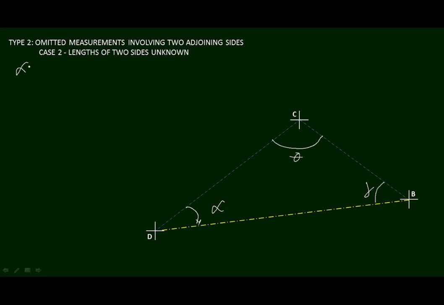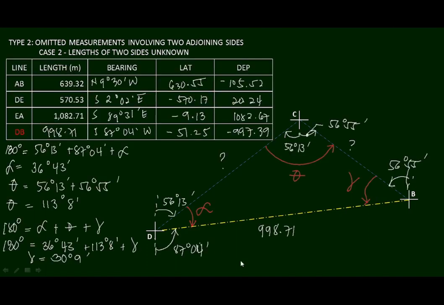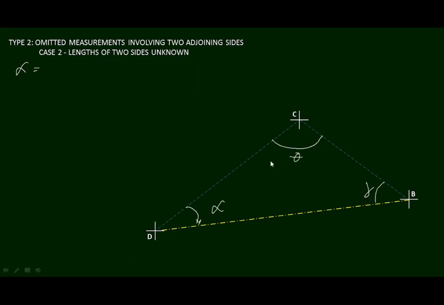So, we have solved that my alpha is equal to 36 degrees, 43 minutes.